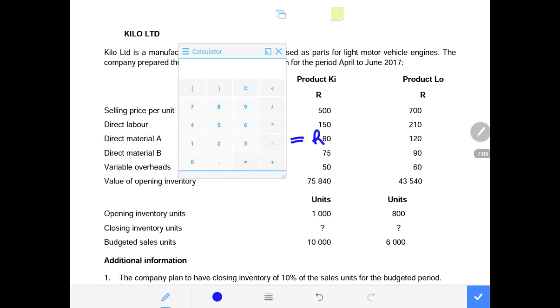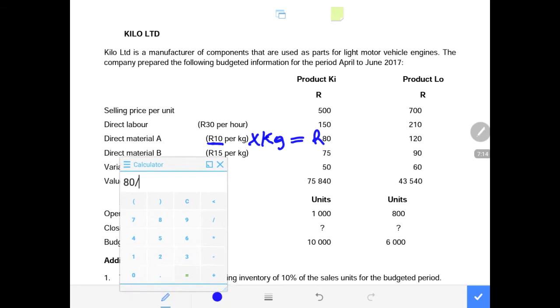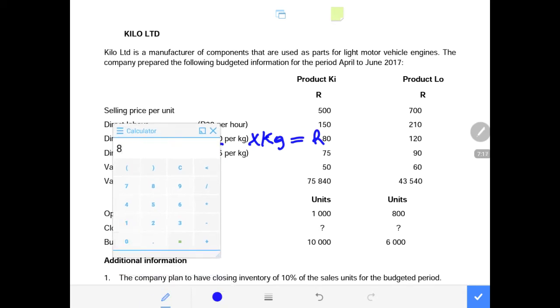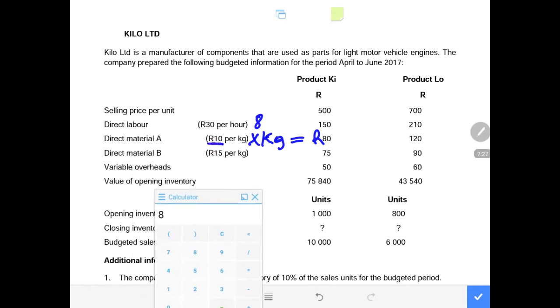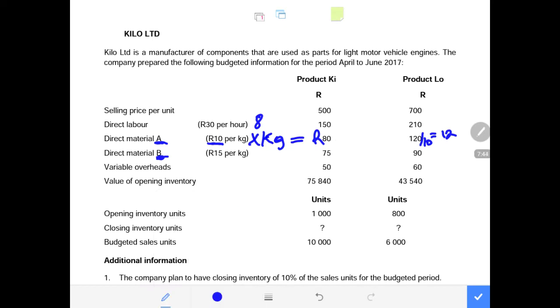Therefore we can again say 80 rand divided by 10 rand to buy material per kg, meaning we need 8 kgs to complete 1 unit of KI with regards to material A, because we have direct material A and direct material B. So the same will be used to divide by 10 rand, then this will give us 12 kgs that are required. So now this will be 8 and 12 kgs that are needed.